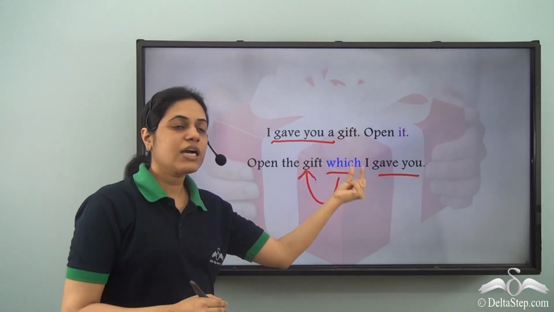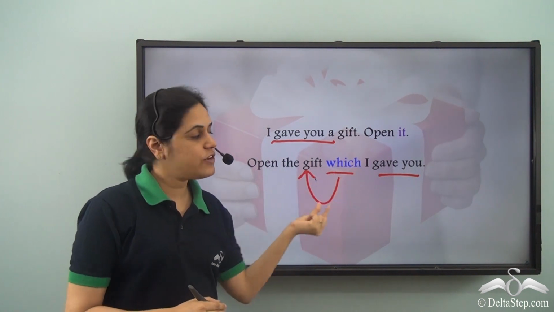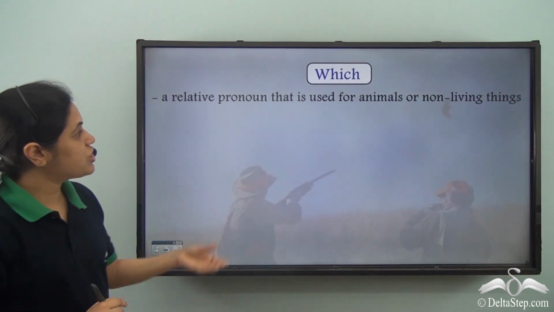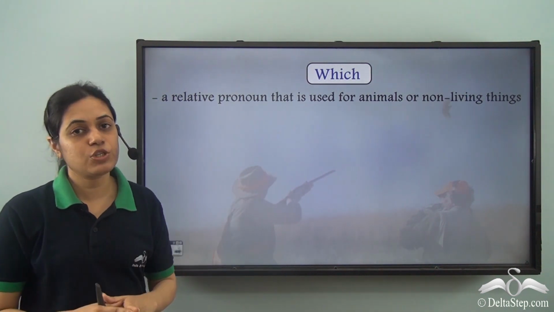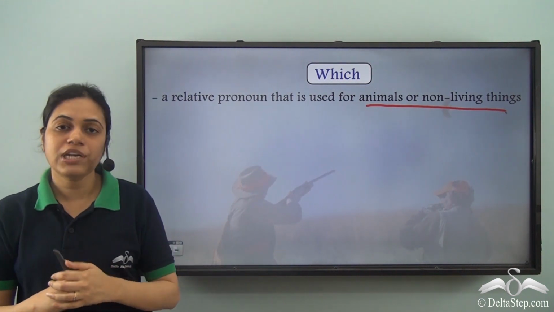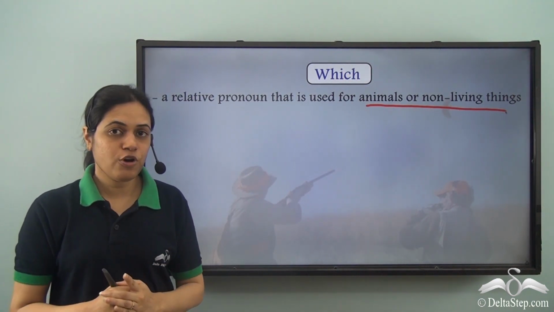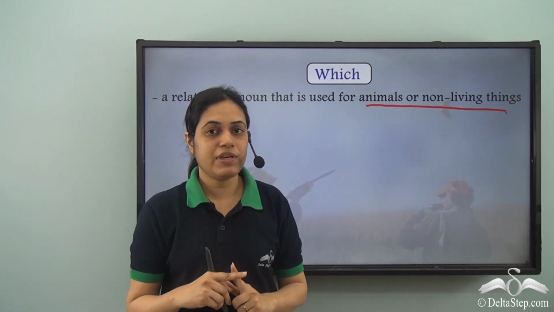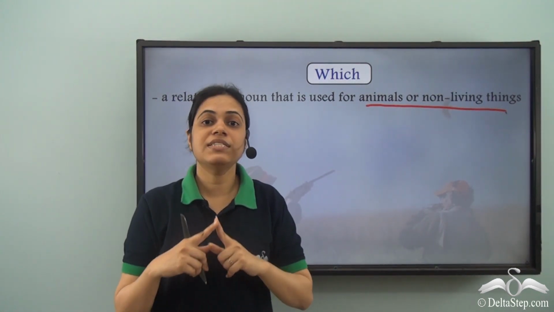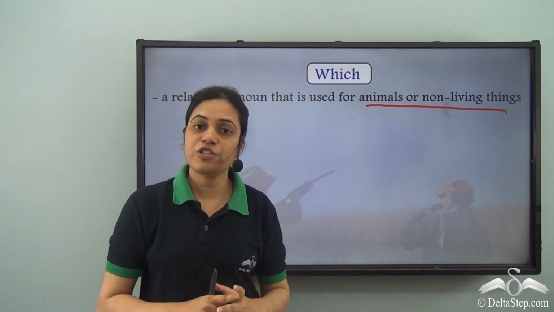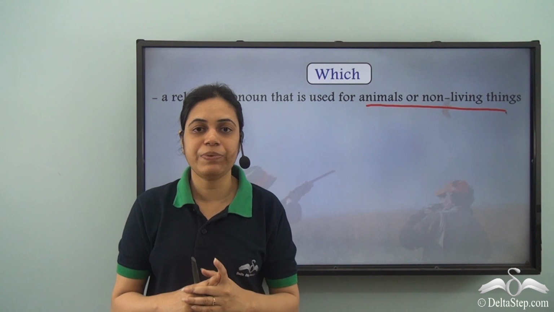So gift comes before which, which is referring to the noun gift. So which is a relative pronoun that is used for animals or non-living things. So if you observe, I have written animals or non-living things. Which is never used for people or a person.